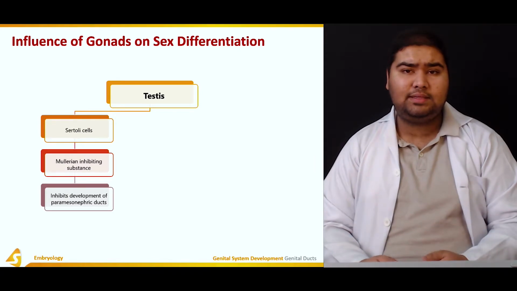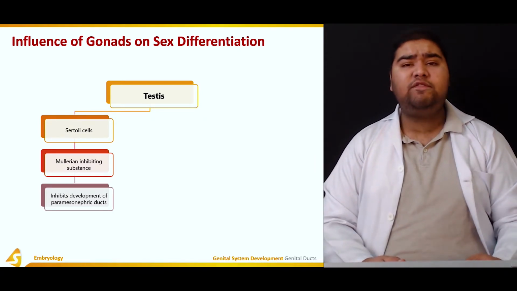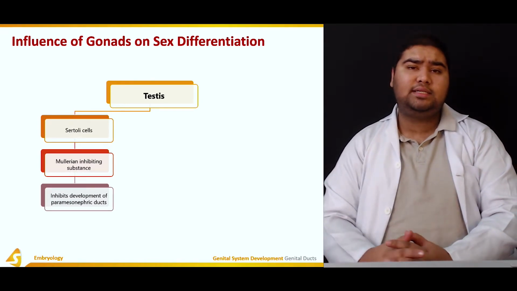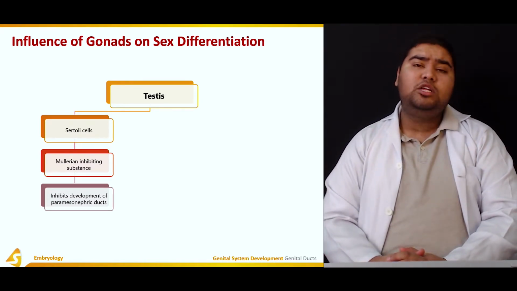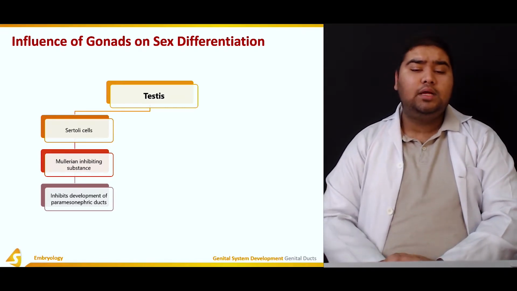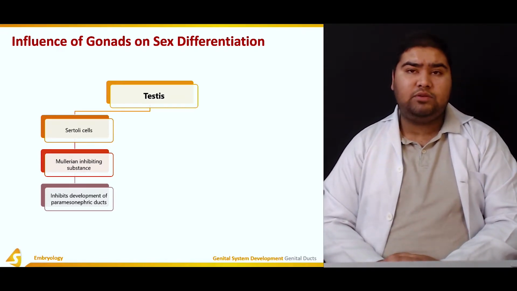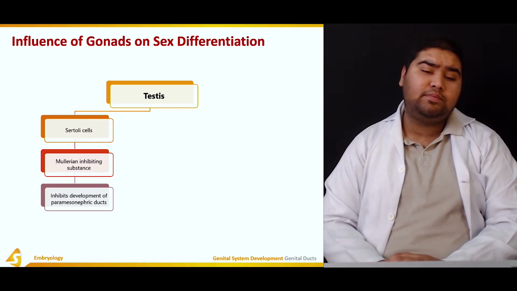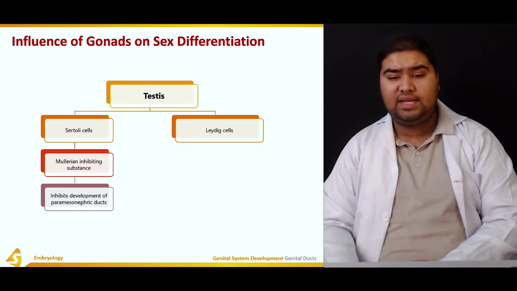Since the mesonephric ducts are responsible for the formation of adult genital ductal system in the males, the Mullerian inhibiting substance inhibits the development of the paramesonephric duct, and this substance is secreted by the Sertoli cells of the testes.